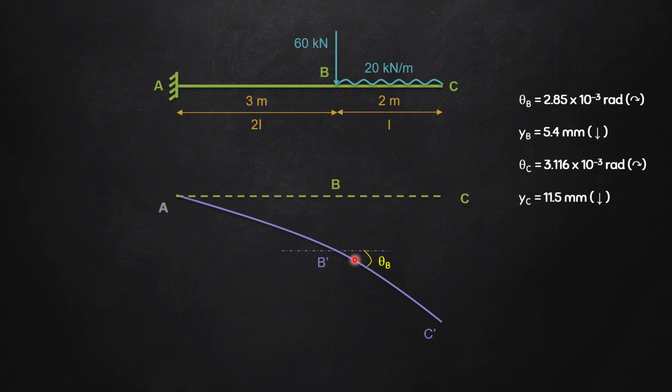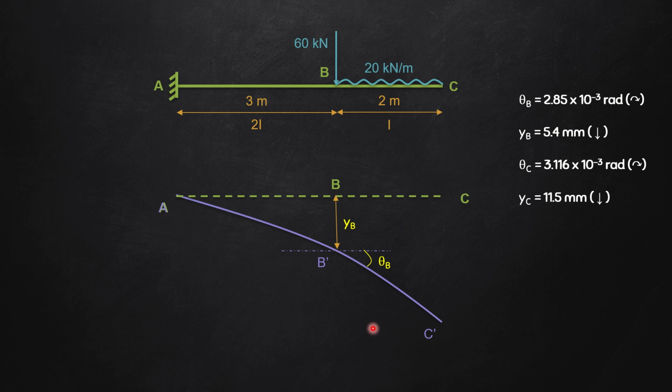So this is theta B. And as you can see, compared to the original position, it is in the clockwise direction. Now this distance B dash is nothing but YB, and as you can see from your original position, this is downwards. Okay, this is clockwise, this is downwards.